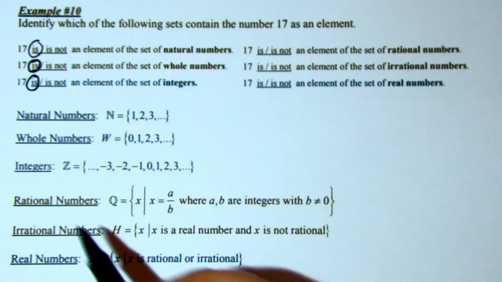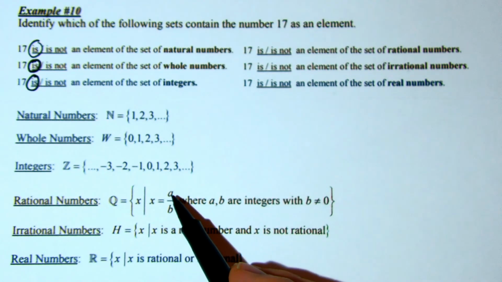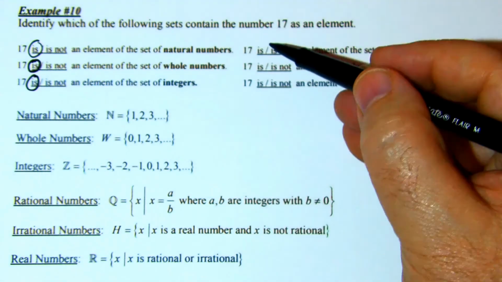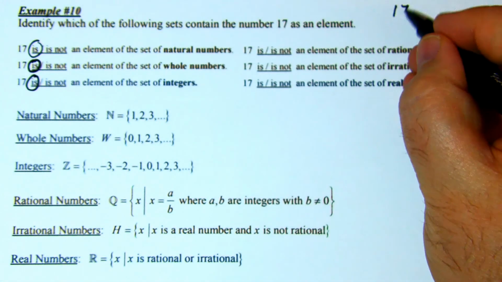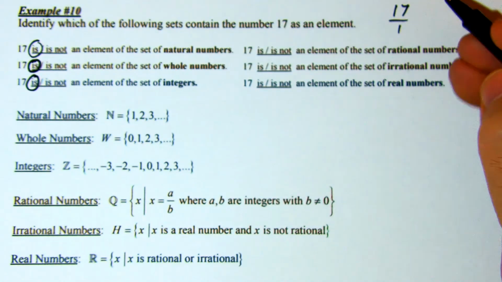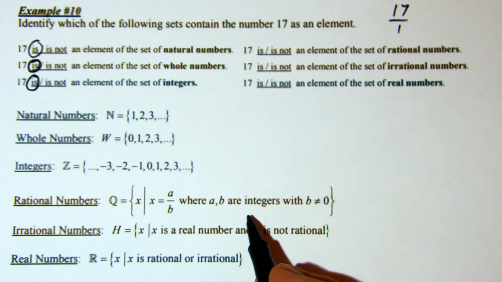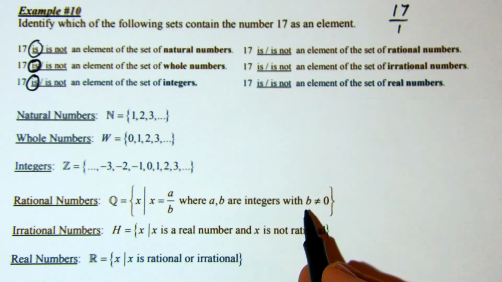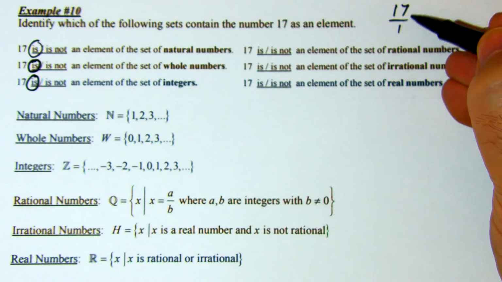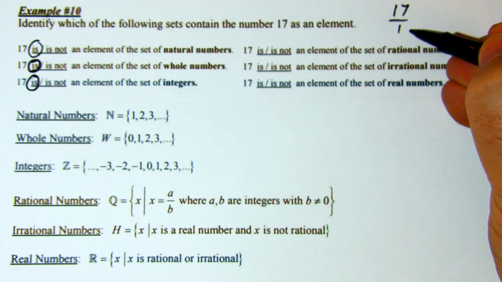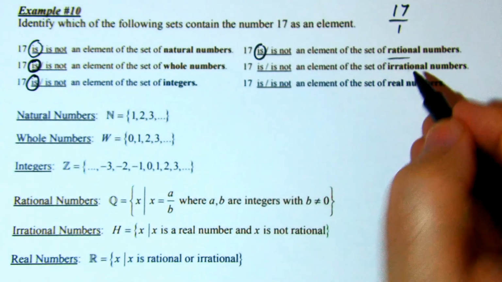Next, we look at the rational numbers, and notice that even though this says a over b, and 17 is not currently written as a fraction, 17 can be written as a fraction where a and b, top and bottom, are both integers, and the bottom's not 0. So we're able to write this as an integer over an integer, and the bottom's not 0. So 17 is a rational number.